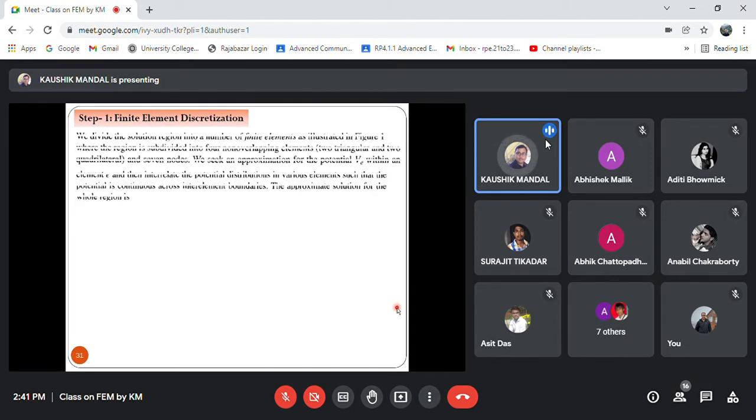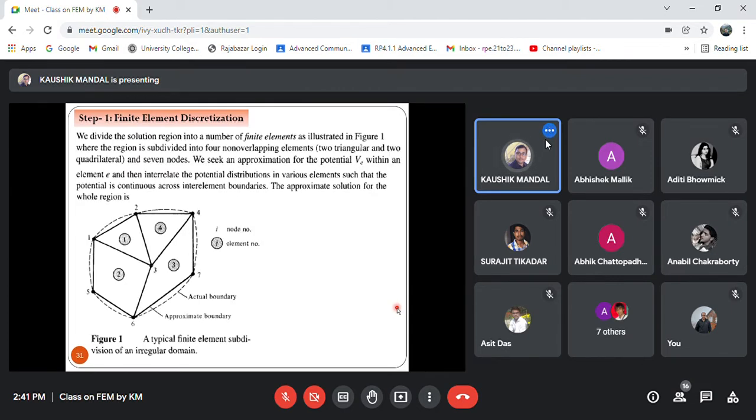In step 1, we have to discretize the entire solution region. For example, consider this solution boundary, where the dotted line represents the actual boundary of the given problem.